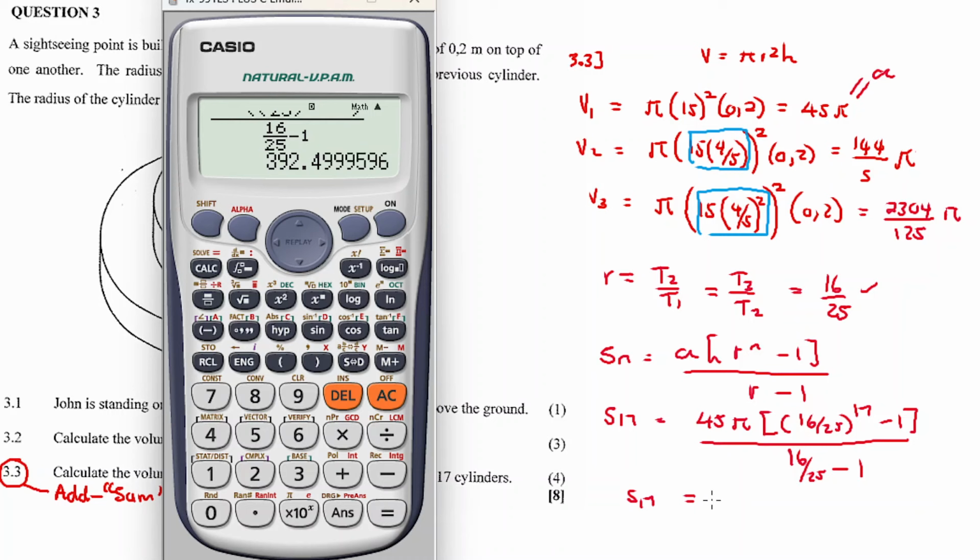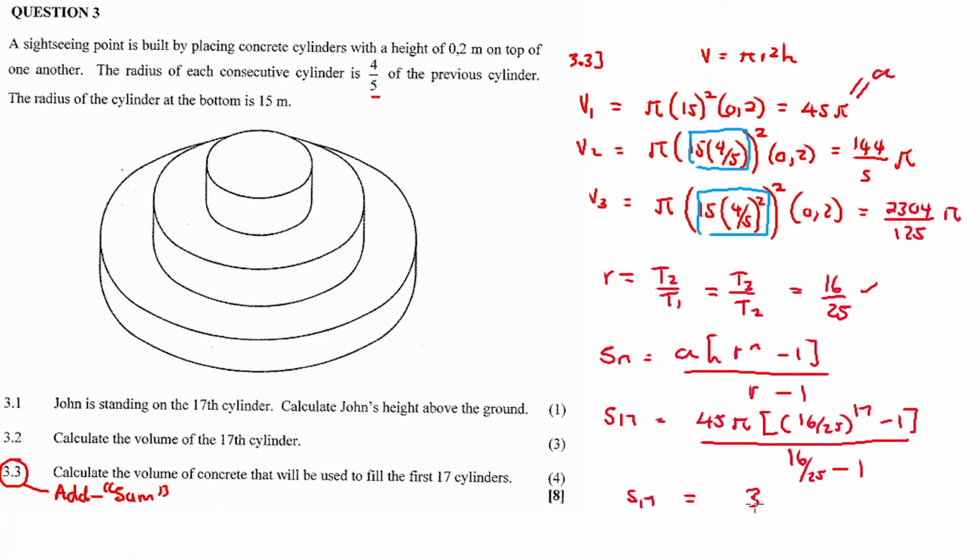I'm getting 39250.50 cubic meters in 2 decimal places, its volume. Okay, so this is the answer for 3.3.